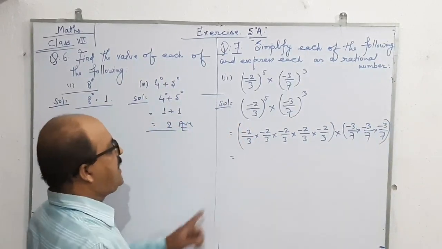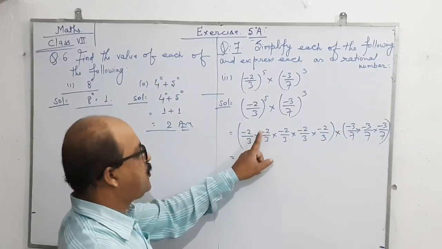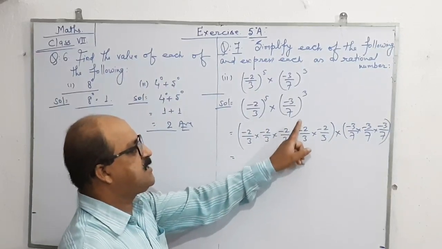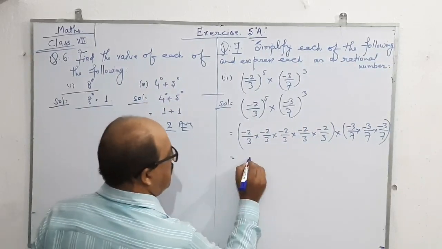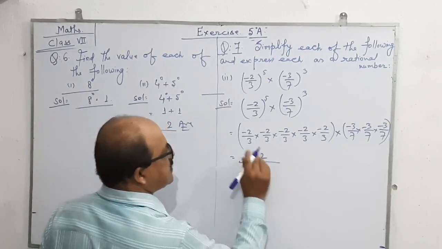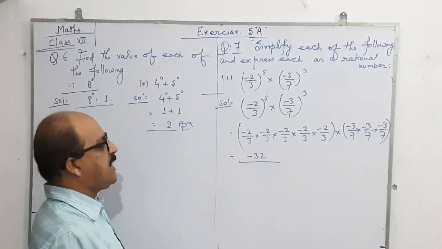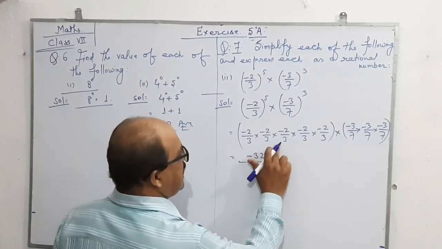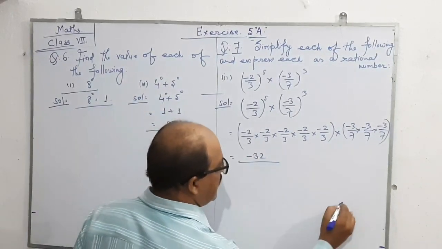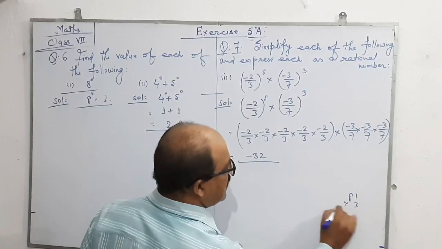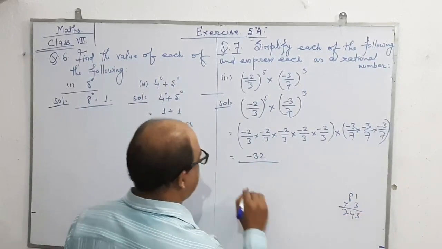When we multiply it, 2 twos are 4, 4 twos are 8, 8 twos are 16, 16 twos are 32, minus 32, because 2 has come 5 times and 5 is an odd number, so the answer is negative. 3 threes are 9, 9 nines are 81, 81 threes are 243.